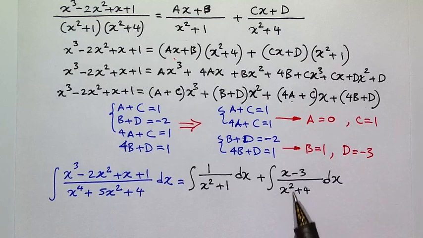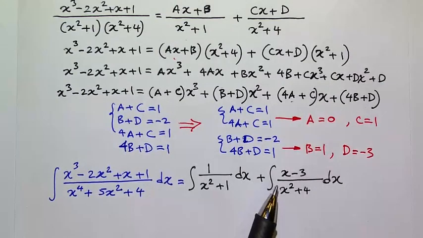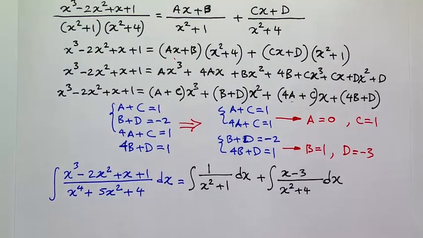In the next step, we can break this up even further, right? We can break this up as x over x squared plus 4 minus 3 over x squared plus 4. That's an easy transition.